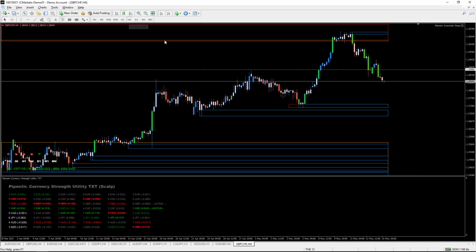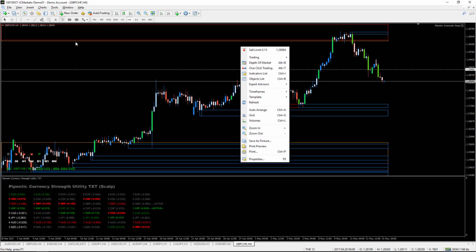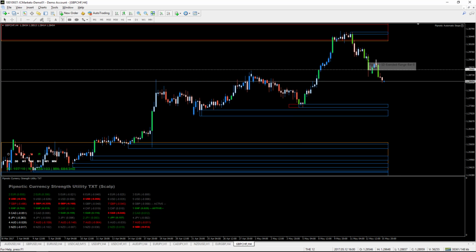So long term, this is our long term time frame. We can identify here an area of supply that looks interesting, and above that we have this one here.